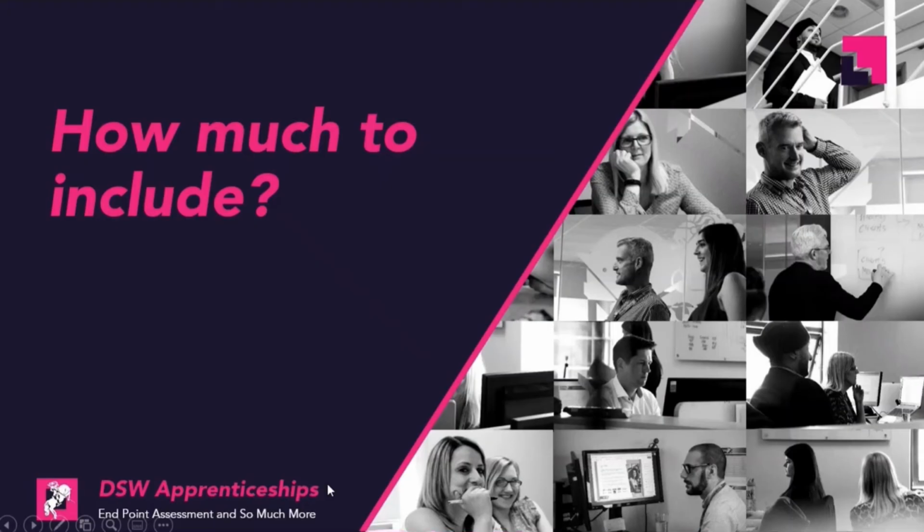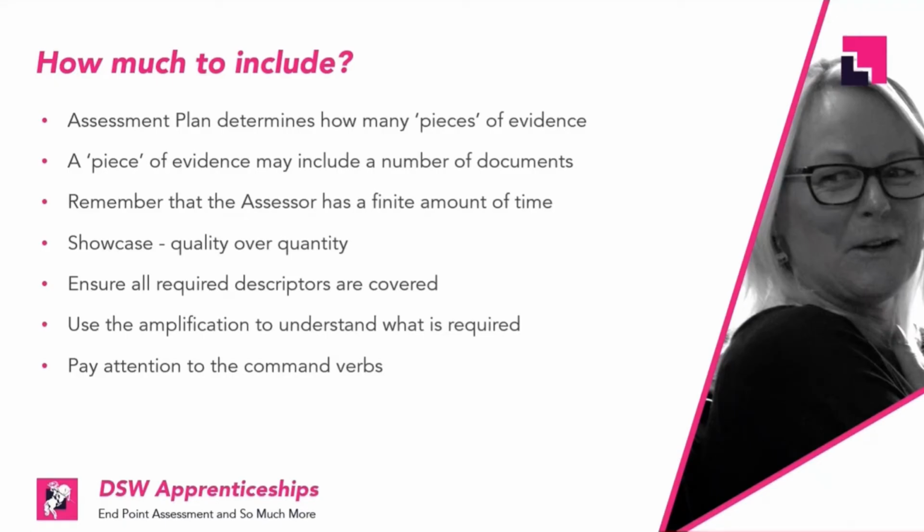Okay, so we're going to move on to the next slide now, and we're going to look at how much evidence needs to be included within a portfolio. It's something that we get asked a lot, and it's something that can be quite difficult to answer. A lot of the new assessment plans do actually help us with that because they will set some parameters within the plan. So I would say starting point when looking at how much evidence to include would be to refer to our toolkit.